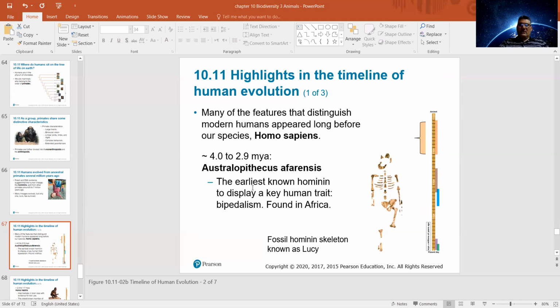This is the earliest hominin that had human traits, like bipedalism. What's bipedalism? Bipedal, two legs. They walk on two legs. This is the earliest one that used that. They found fossils that suggest this, and they call them Lucy.